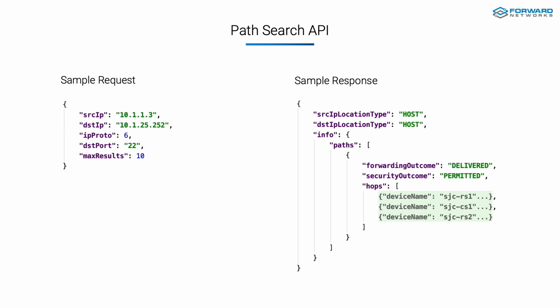In that case, you're looking for traffic that's getting dropped, versus cases where you want to look for traffic that actually gets through. In the response, I want to highlight that we expose what the source and destination IP addresses were, where they were located, how they were located, and a list of paths with the details that I just presented: forwarding outcome, security outcome, and the details for every single hop.